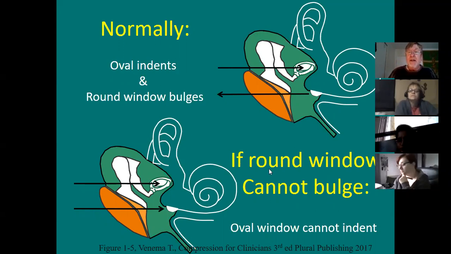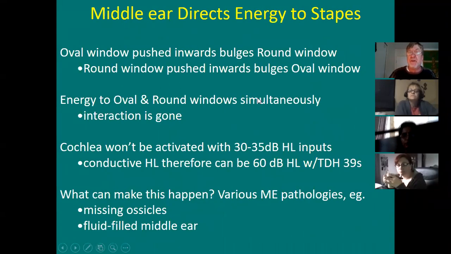But if the round window cannot bulge, let's say we held it still, put a thumb on it and stopped it from bulging completely, then let's just read this. The oval window pushed inward bulges the round window. The round window, if we pushed it inward, would bulge the oval window.